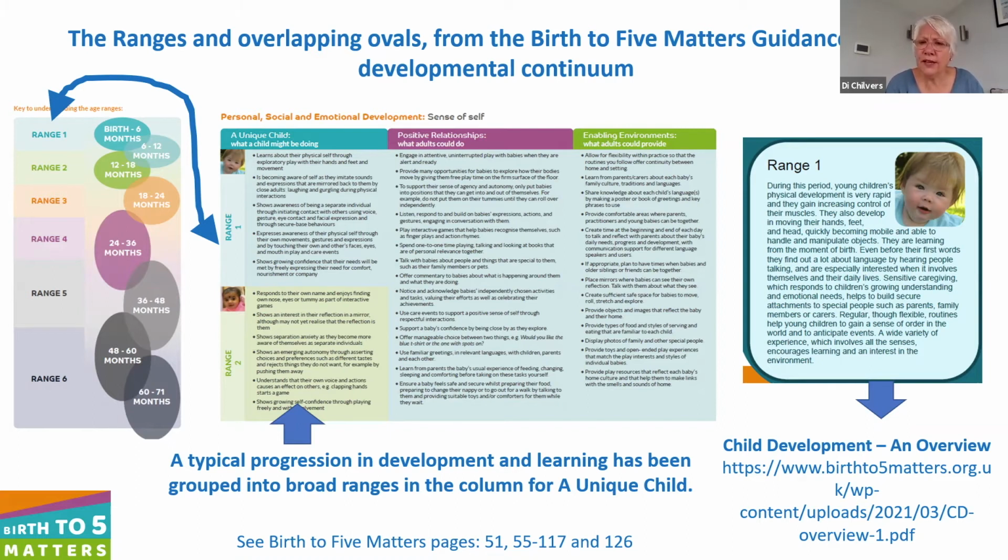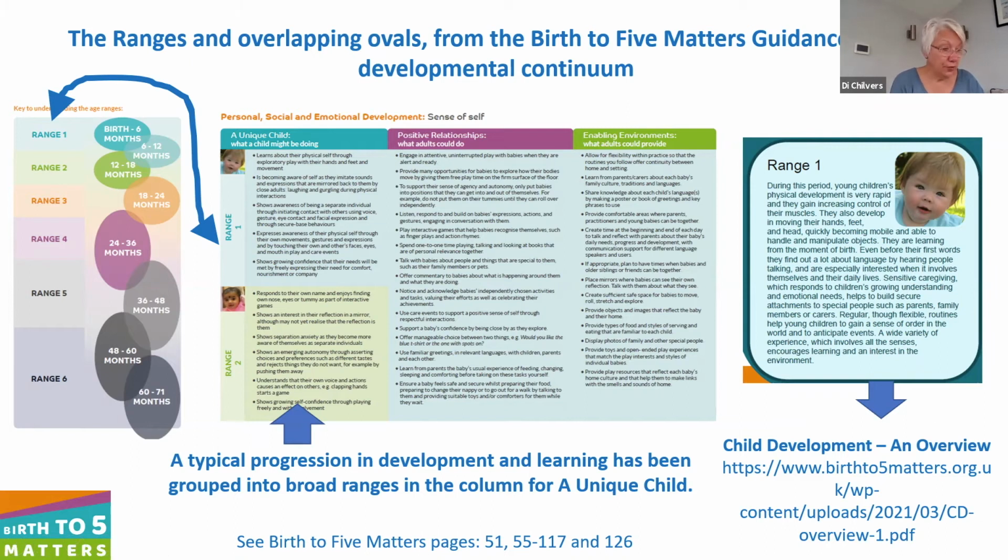I'll add that at the end of this film. The ranges are all explained. This is range 1 that's explained here, and all the other ranges are also explained. You can find the reference to that in the resources on the website under Child Development and Overview.